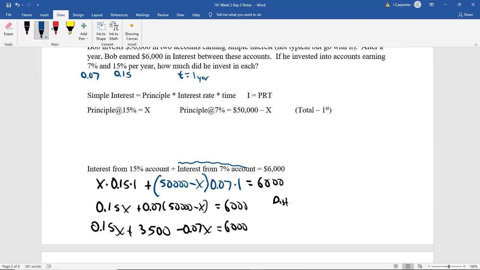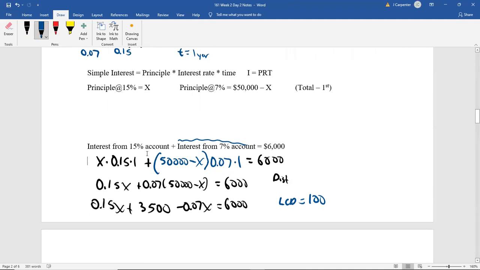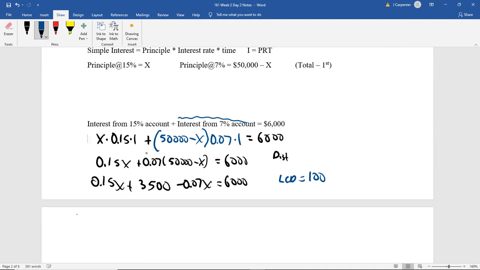Show it longhand if you have to, right? 50,000 on top and 0.07 on bottom. Same as I've already said, there's 2 decimals, no decimals, 2 decimals, no decimals. So your LCD is 100. And that's what we're going to multiply every single term by to make this easier.